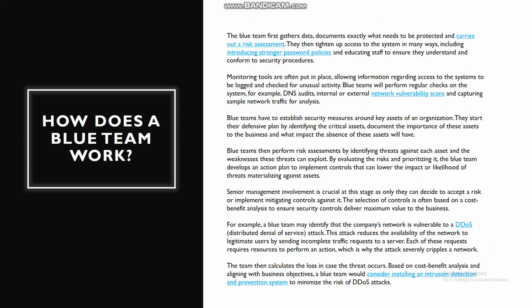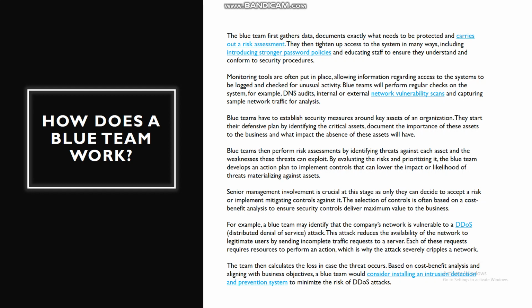Second, the blue team also has security measures around key assets of an organization. Blue team also performs thorough web application vulnerability testing for defending web applications.